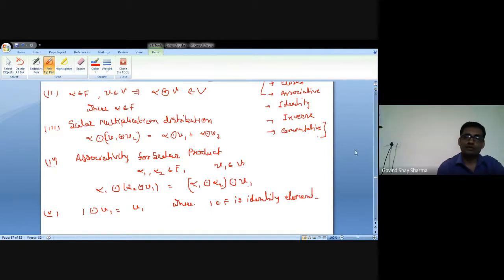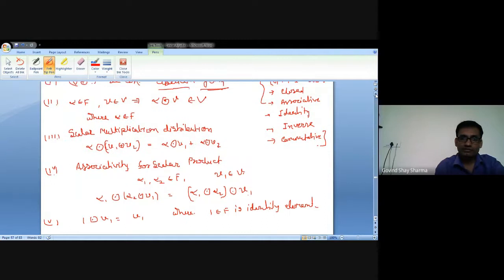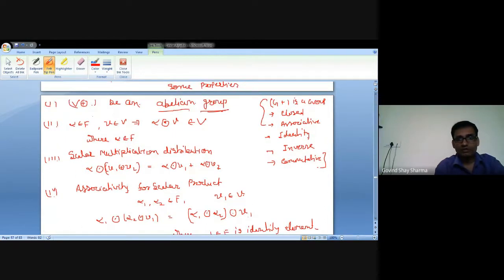So students, a vector space is first an abelian group.